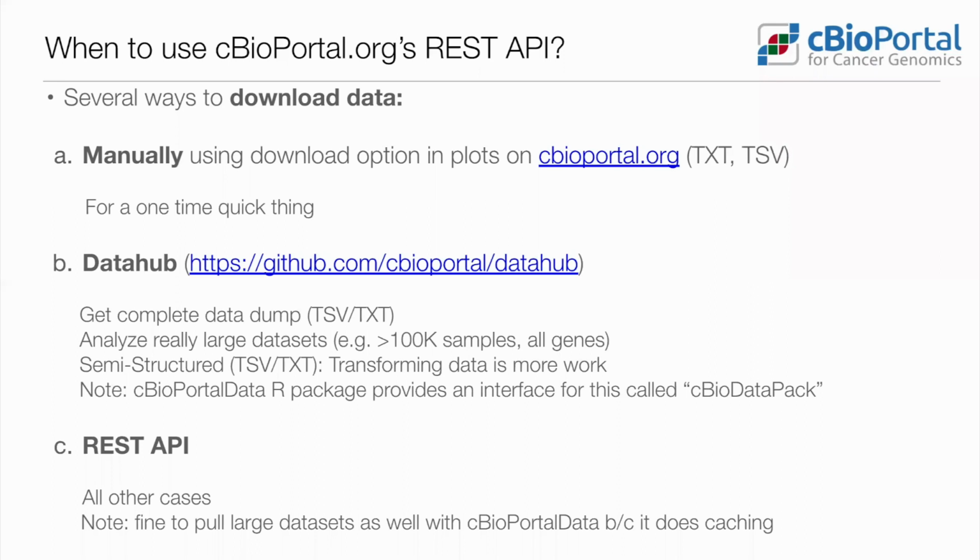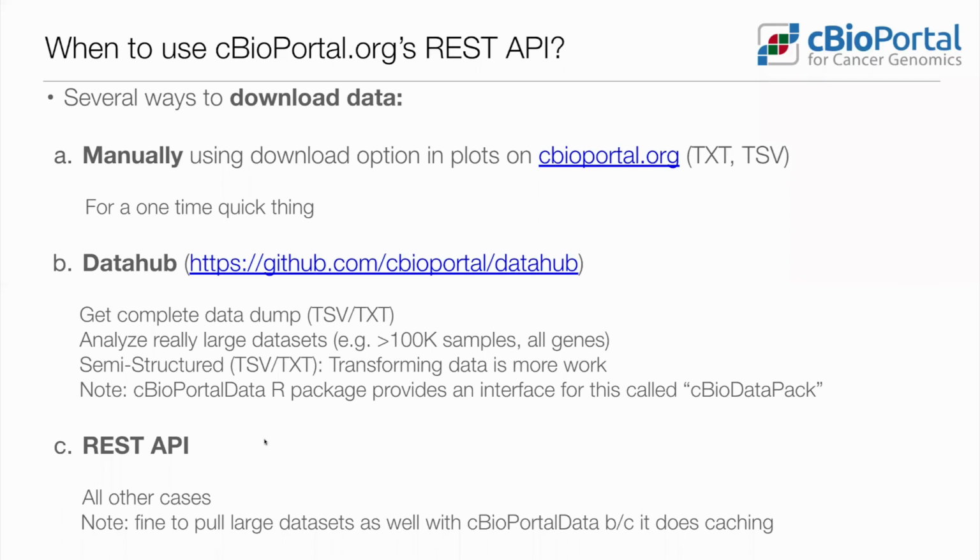The other option is you can download the data from DataHub. Here we keep all the curated files that we load into cBioPortal. These are TXTs and TSVs. Sometimes this might be useful if you just want to download all the data, right? Like you pretty much just want to have everything. The downside of using that data is that transforming the data is a bit more work.